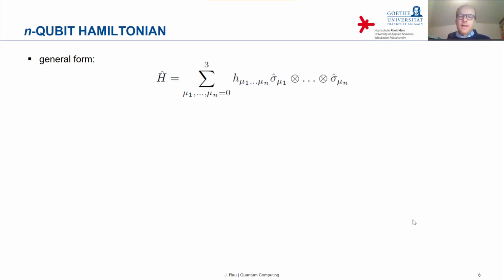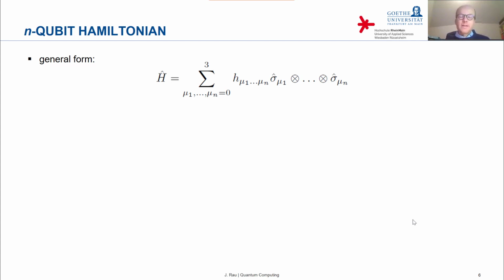And this finding can be generalized to many qubits. If you have n qubits described in an n qubit Hilbert space, then an arbitrary observable in that many qubit Hilbert space can again be written as a real linear combination, in this case of tensor products of Pauli operators and unit operators.